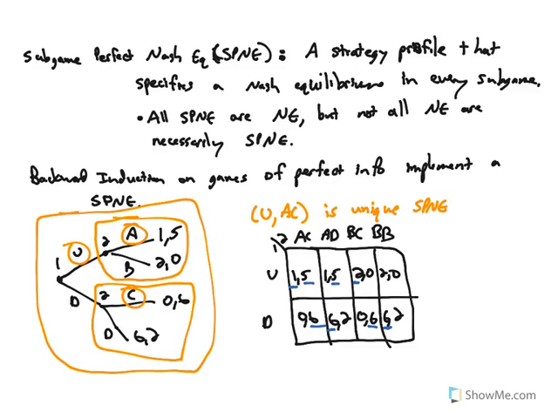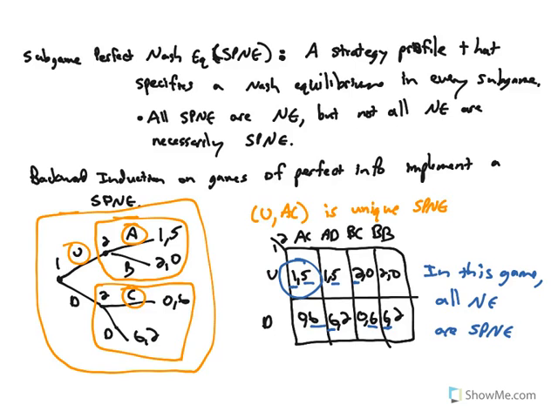All right. So in this particular game, there is only one Nash equilibrium. In this game, all NE are SPE.